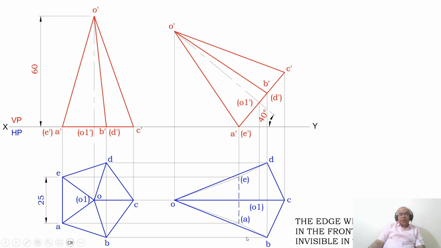So what happens? Small a and small e. This is the one which I was telling you about in the earlier stage. So that means since A dash is on the XY line, both A and E will be in bracket.